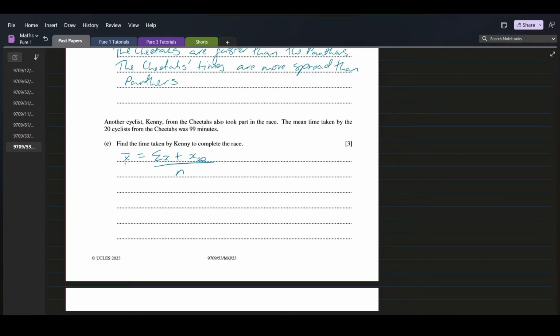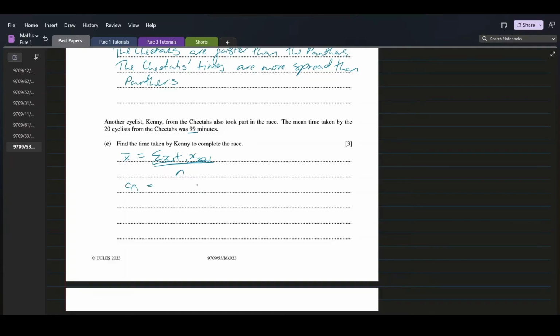So we're saying the mean is equal to the total times taken before Kenny plus Kenny's time over the total number of cyclists. So our x bar here is, we are given that it's 99 minutes.